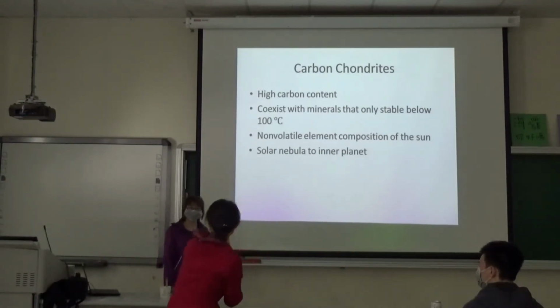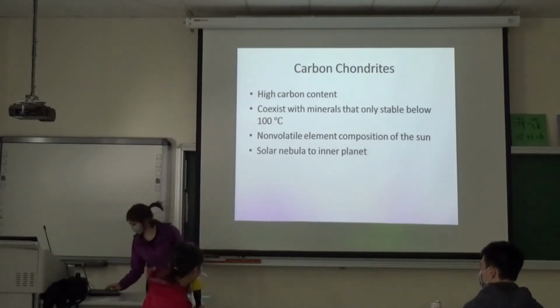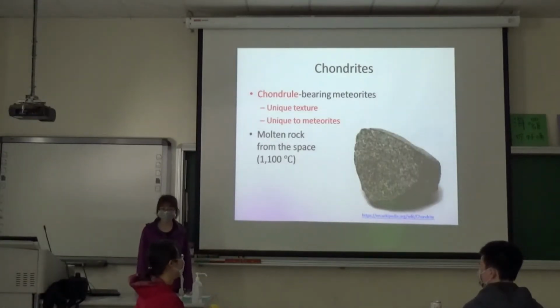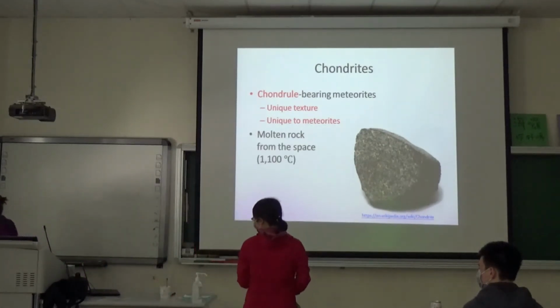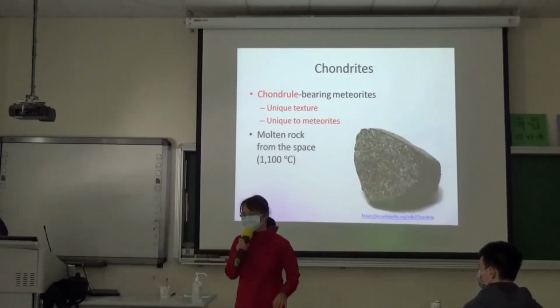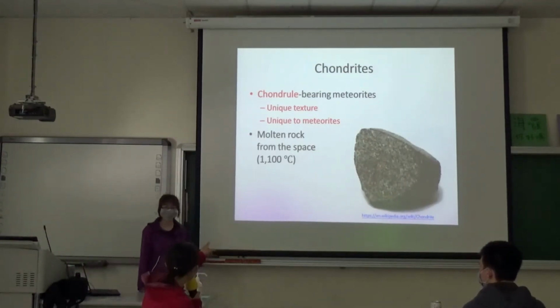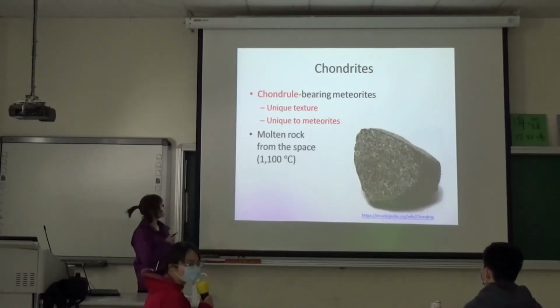Although you didn't prepare the slides, you answered the question very well. So that's the difference. Can you go to the previous slide? Ordinary chondrite, its mineral phase, she wrote on the slide 1,100 degrees Celsius.